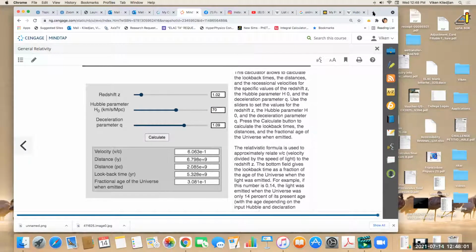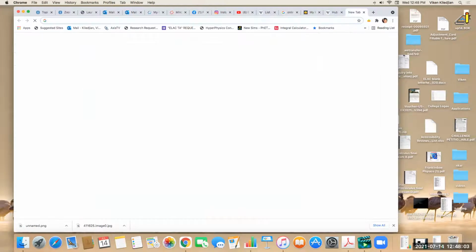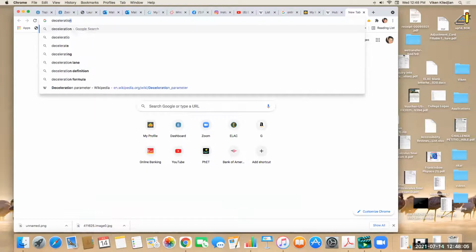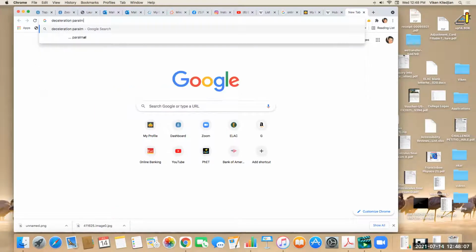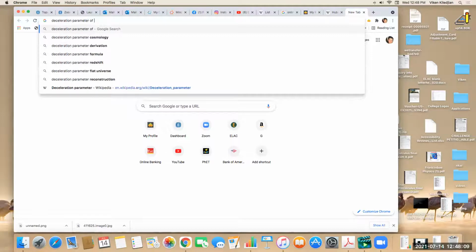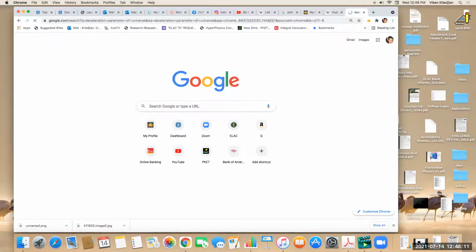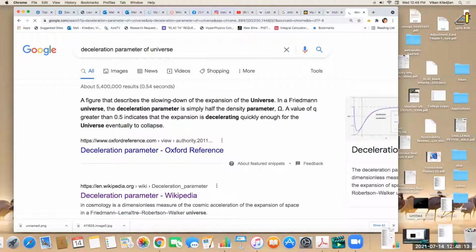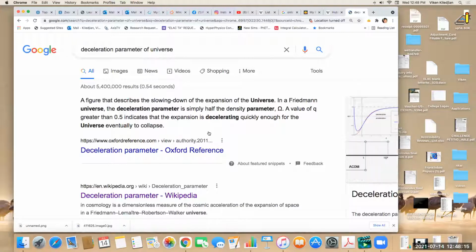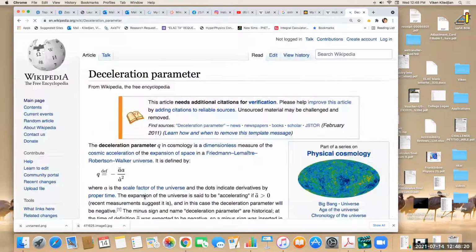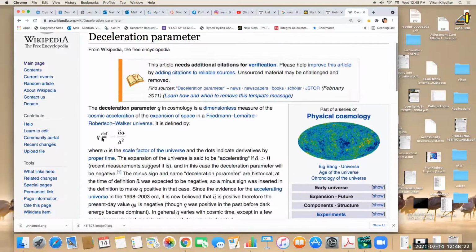The deceleration parameter of the universe is known as the letter q.